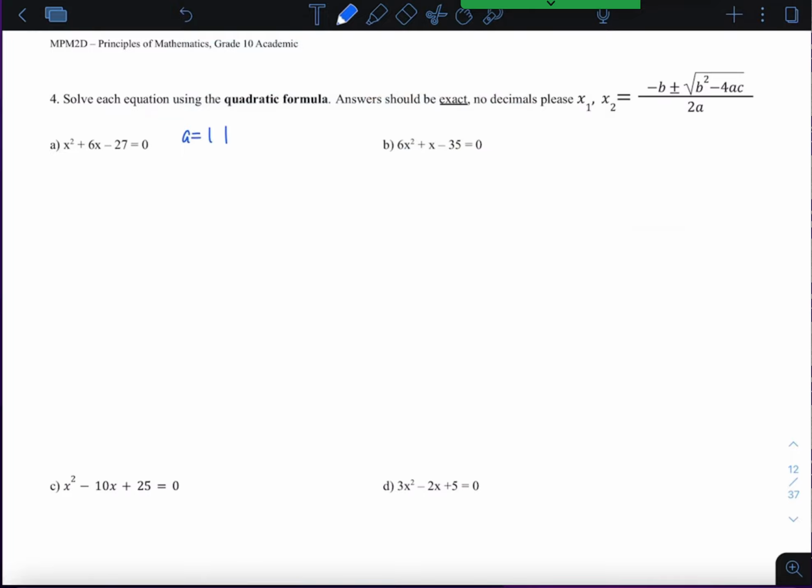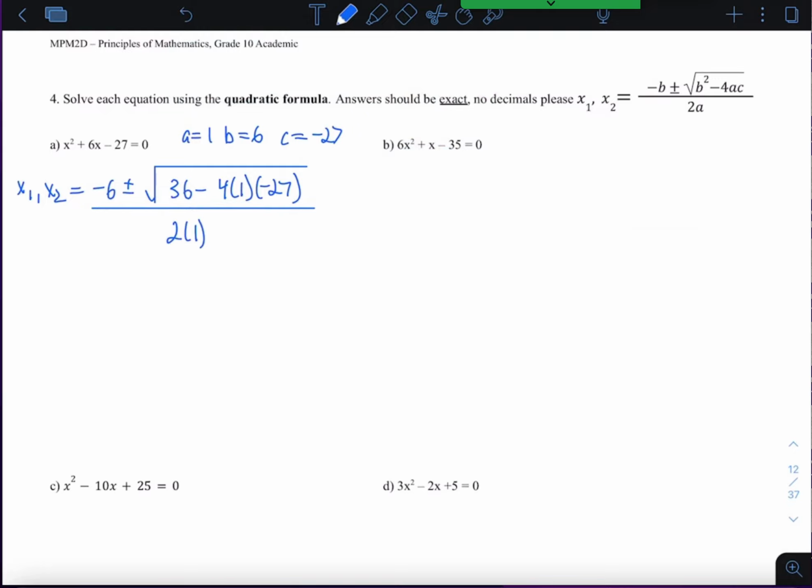Okay, A is 1, B is 6, C is -27. x1, x2 is -b plus or minus the square root of b squared minus 4ac over 2a. 4 times 27 is 108. x1, x2 is -6 plus or minus the square root of 36 plus 108, which is 144.